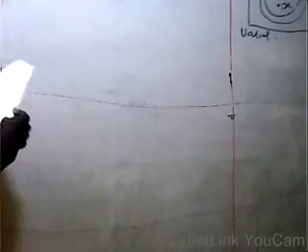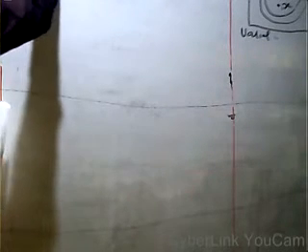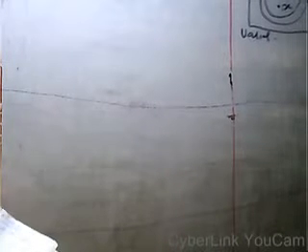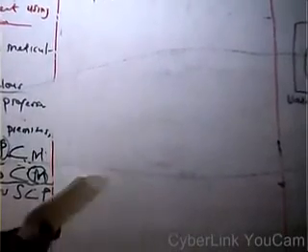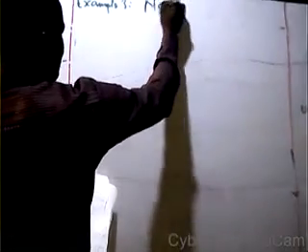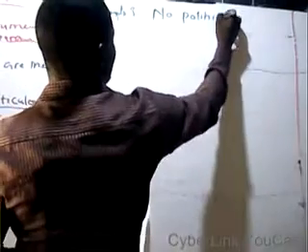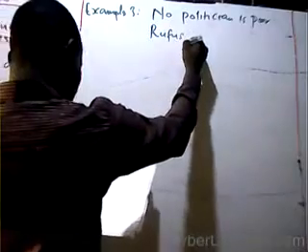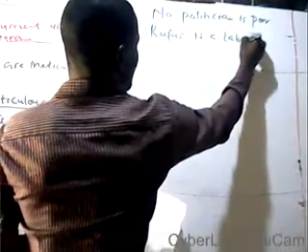Example 3. No politician is poor. Rufus is a liberal.